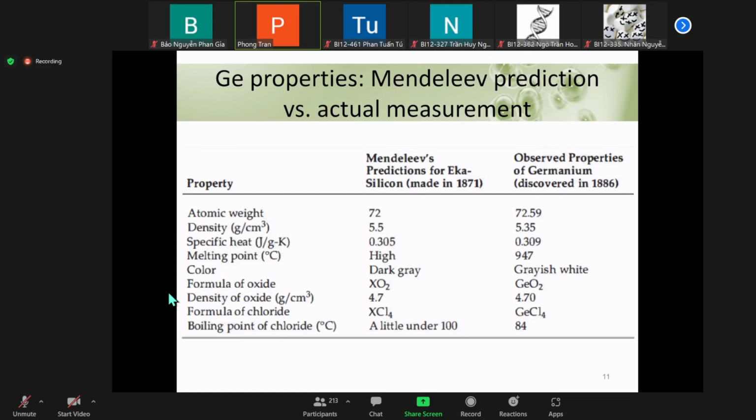And the density is quite similar. The specific heat is similar. Melting point, Mendeleev said the melting point is high. It's quite difficult to estimate what I mean by high, but actually the germanium melting point is 947, so actually it's very high.